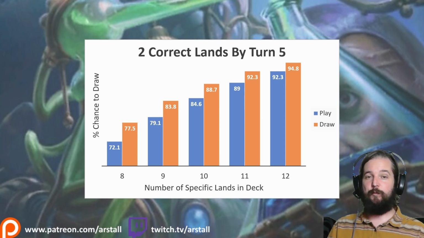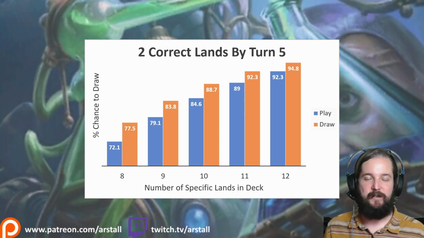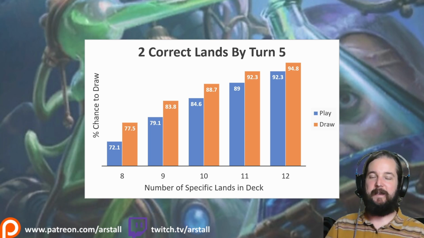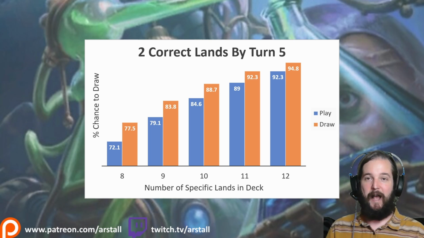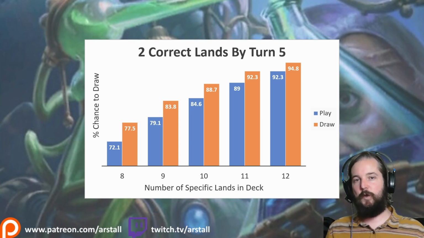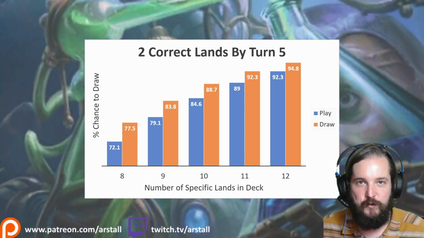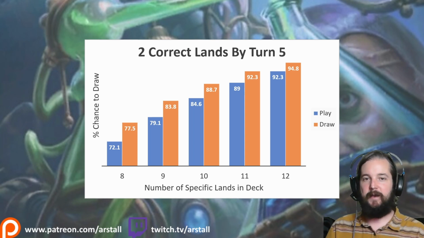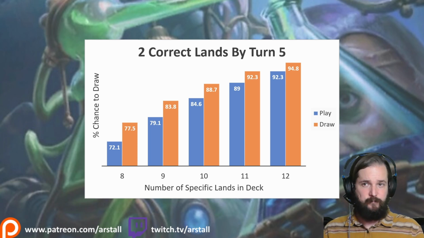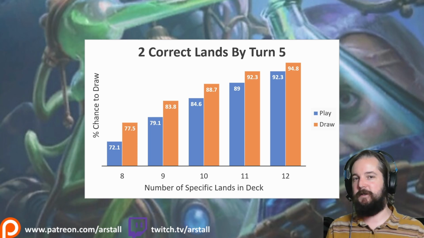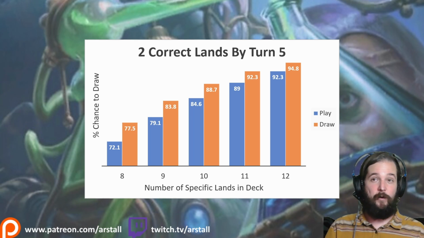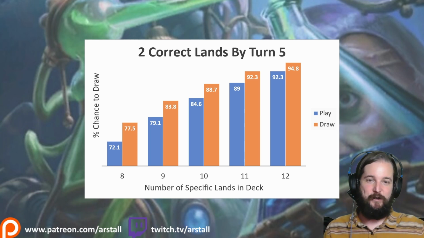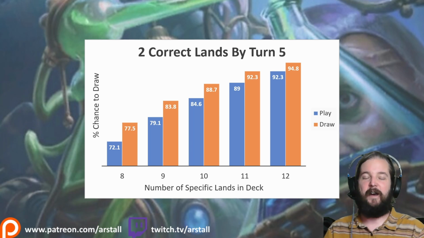This brings up another important factor in draft, which is you never splash a double pip card. Say that your main deck is blue black, right? And you have a double pip white card that you want to play. You wouldn't be able to realistically cast that very easily in most decks, because that double pip alone is going to require like 10 sources of white in your deck, and it gets harder to do the further from turn 5 you're trying to do it.